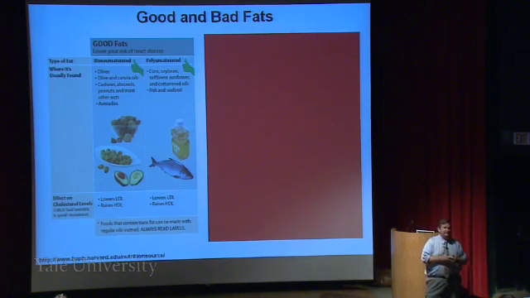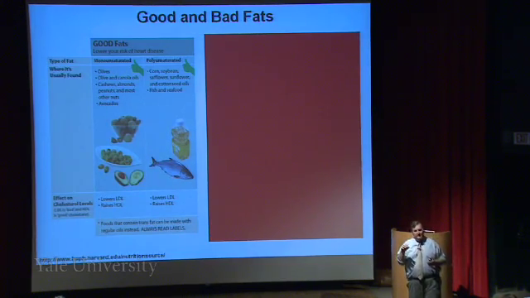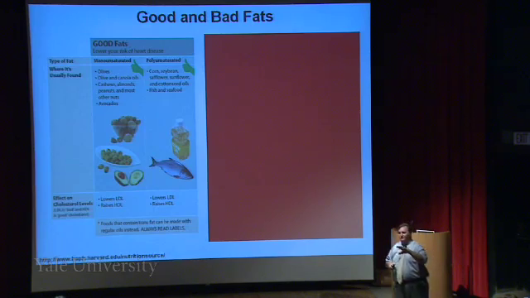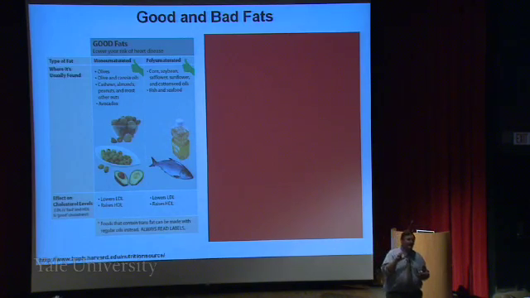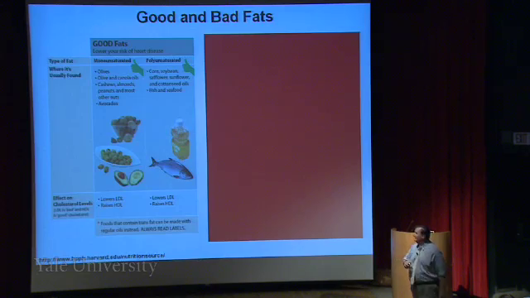Now don't forget that fat has calories. So you could be consuming fat that is in itself good for heart health, let's say, or maybe protective against cancer in some ways, but it's also adding calories to the diet. So you want to have the optimal amount of fat and not overconsume it because of the calories.